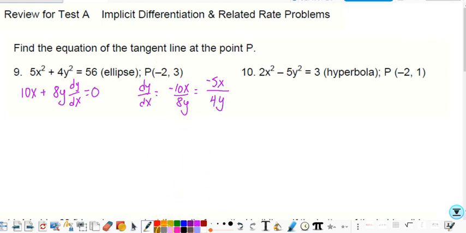Finding the slope. We've got x and y. So that gives me negative 5 times negative 2 over 4 times 3. Negative 10/12, which is the same thing as negative 5/6.